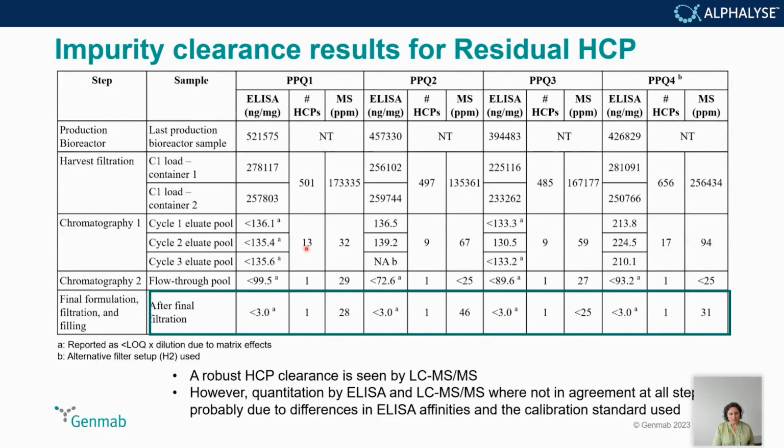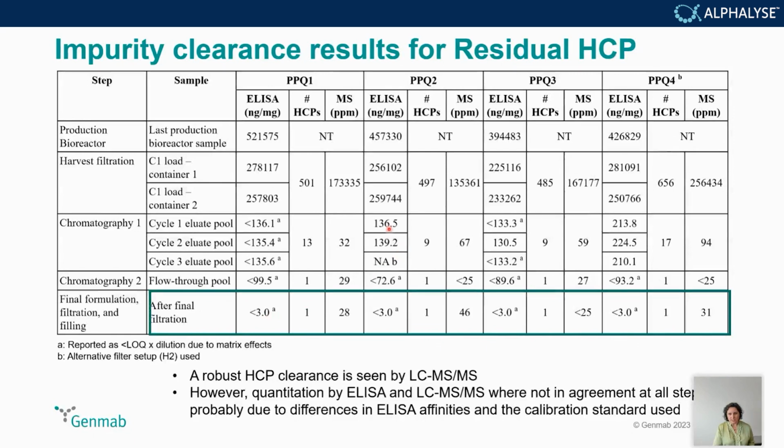At some point the matrix affects the ELISA method, so you have to dilute too much in order to overcome the matrix effects, and then your result lies below the LLOQ of the method. So that's why they are reported in this way. At some point you cannot actually demonstrate clearance because we cannot see any reduction in the next chromatographic steps.